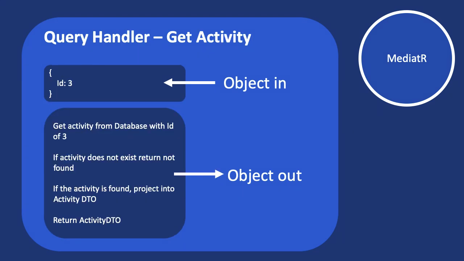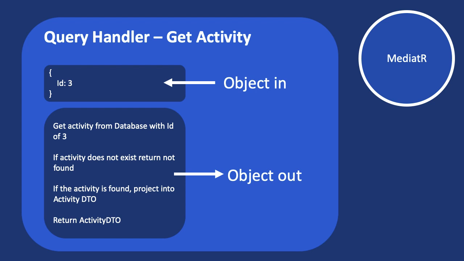And if we take a look at a query handler, let's say for this particular example we're getting an activity, we'll need to know the ID of the activity, and that will be passed in as the object properties that we pass into our mediator handler. Then we'll process the logic inside this handler, and we'll go and get the activity from the database with the ID of 3.